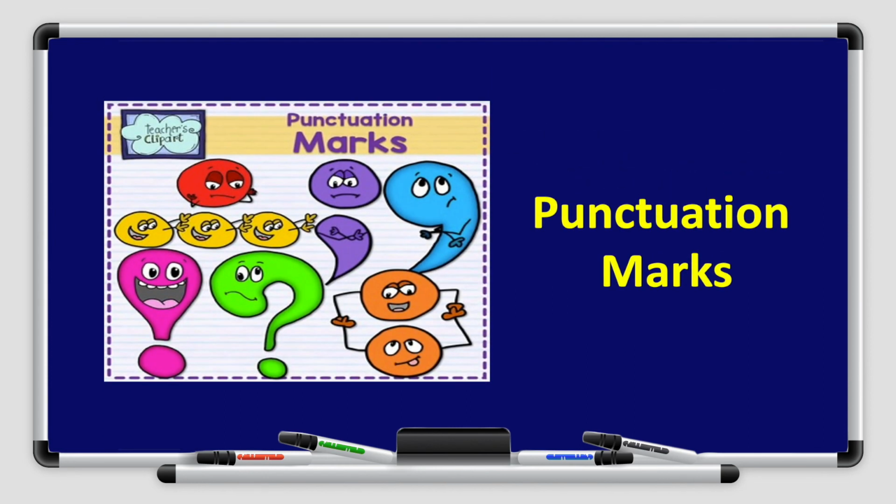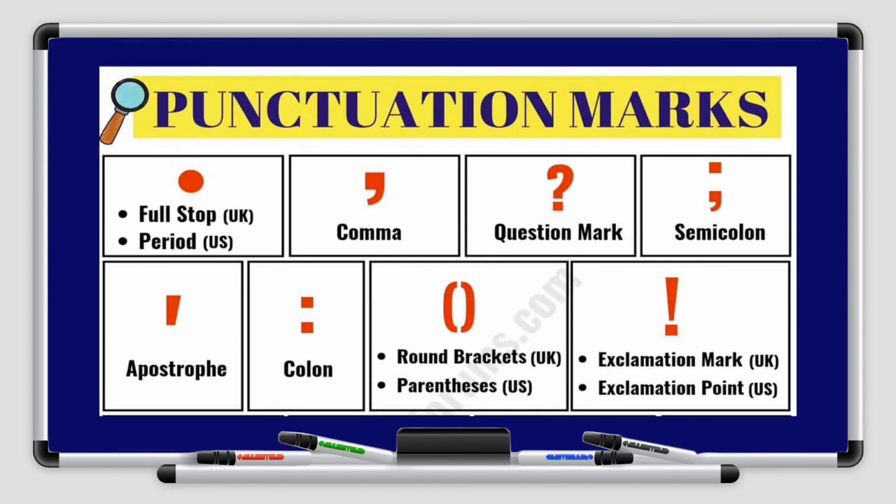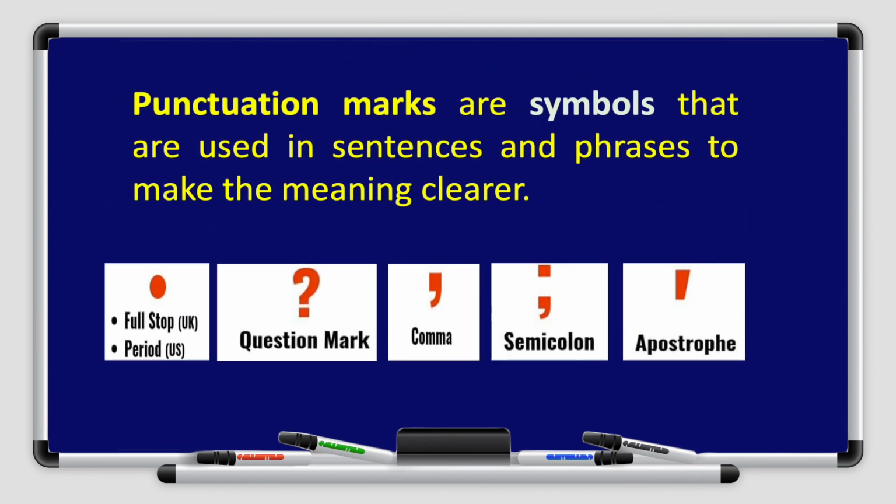Now we have just ended the section of reading, moving on to the second section of the episode, and that is punctuation marks. We're going to learn about punctuation marks. As we mentioned before in other episodes, we have lots of marks, and these marks are symbols that are used in sentences and phrases to make the meaning clearer.